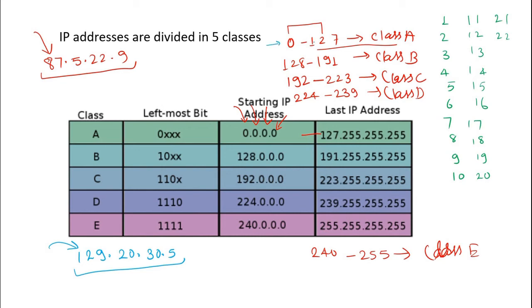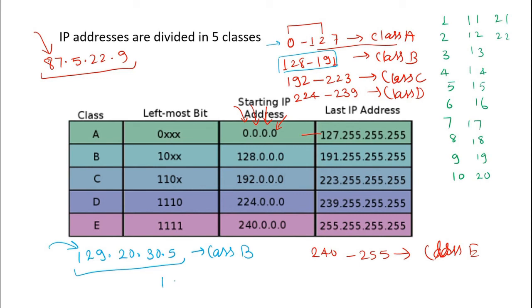No, it does not. It comes in the range of 128 to 191. Obviously, if we start from 128, the next numbers will be 129, 130, 131. So 129 lies between 128 to 191, so this is a Class B IP address.